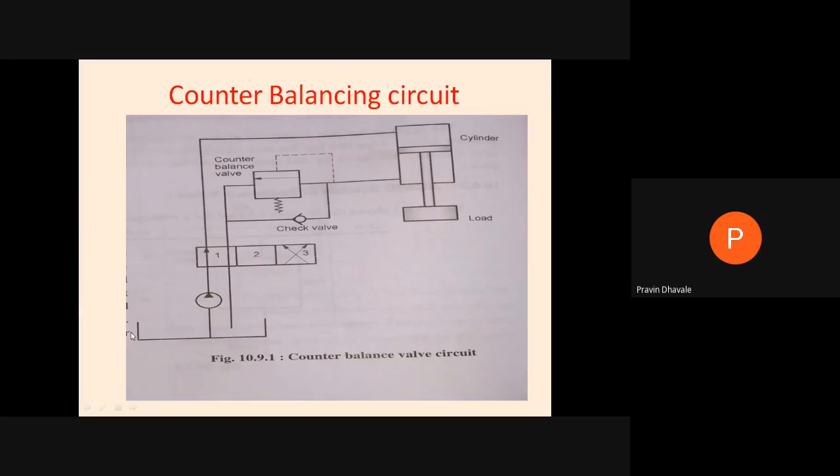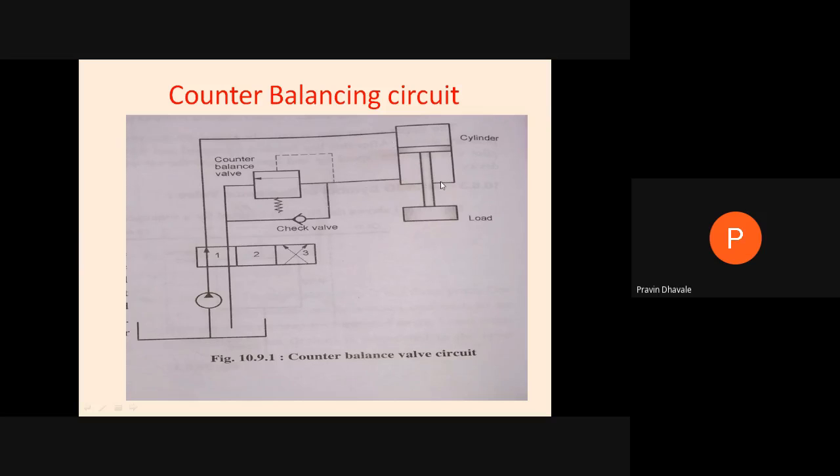If you are considering, this will be the reservoir first. We may use the filter over here, pump. This will be the direction control valve, 4/3, 3 positions, 4 ports, 1, 2, 3, 4, 4/3 direction control valve.